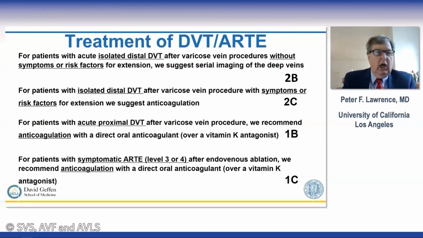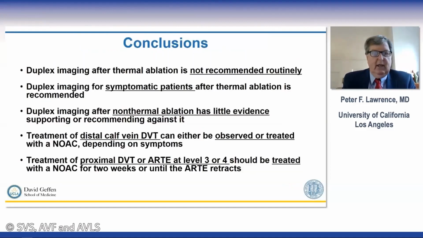For those who have acute proximal DVT in the leg, there's much stronger evidence for anticoagulation using a direct oral anticoagulant. And for patients who are symptomatic with ART, the level 3 and 4, where it extends into the deep vein more than 50%, we recommend anticoagulation.